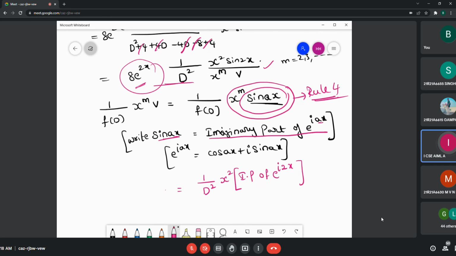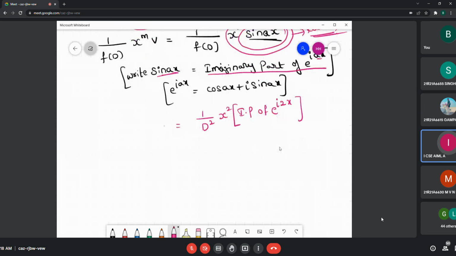Here the value of a is 2. So the imaginary part of 1 by d square into e power i2x into x square. Now this is in the form of e power ax into v, so here a is equal to 2i.